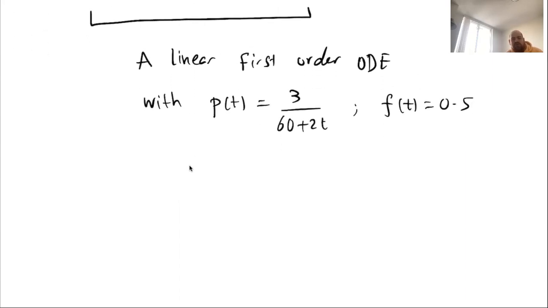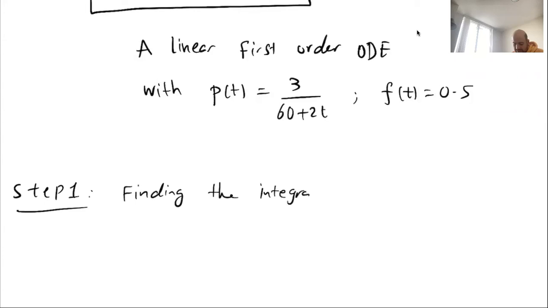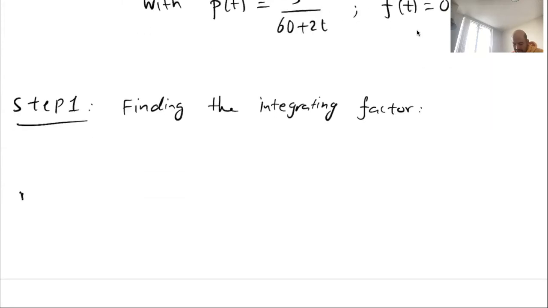So we have to follow the steps to solve the linear first order ODE. Okay, so the first step was finding the integrating factor. Step 1, finding the integrating factor. r of t equals e to power integral p of t dt.